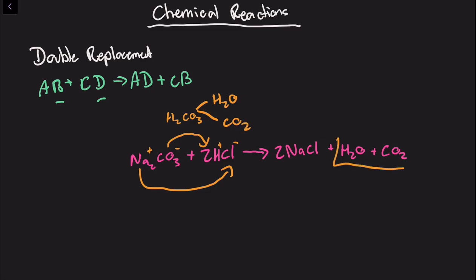So what we actually have with these two products is the double replacement of the H2CO3, but since it's so unstable, it further breaks down into H2O and CO2. So here we have our water that's driving it forward, but we also have our carbon dioxide, our CO2 gas, that's driving this double replacement reaction forward.